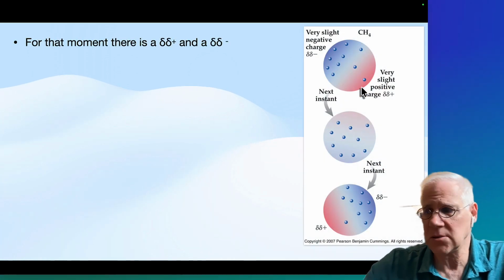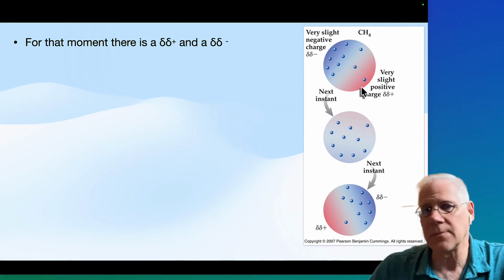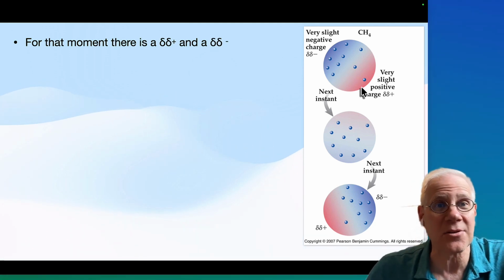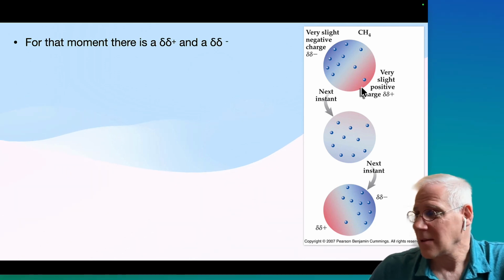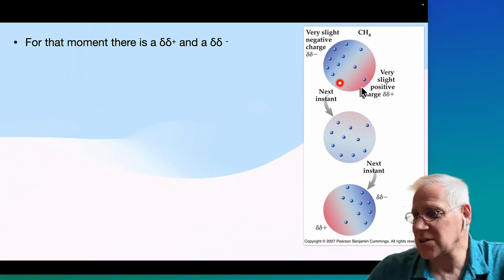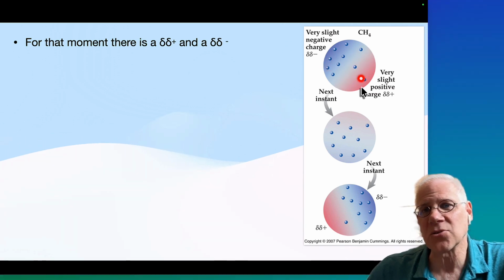Well, for that instant, the molecule develops a teeny tiny plus, delta plus, and a teeny tiny minus, delta minus. If we think of our half molecule right there, you can see that there's a lot more electrons in this region than in this region.